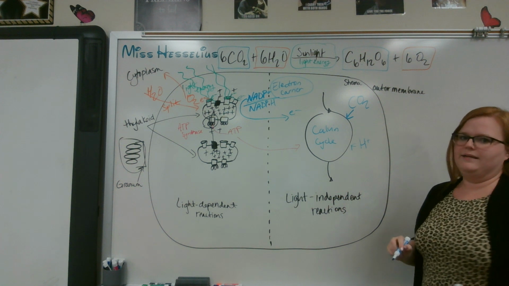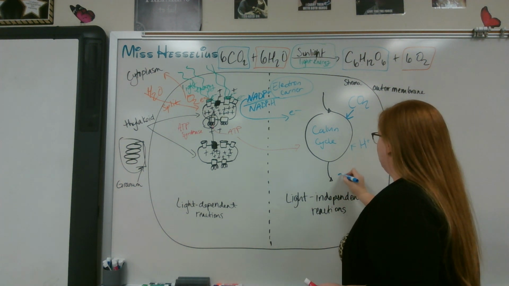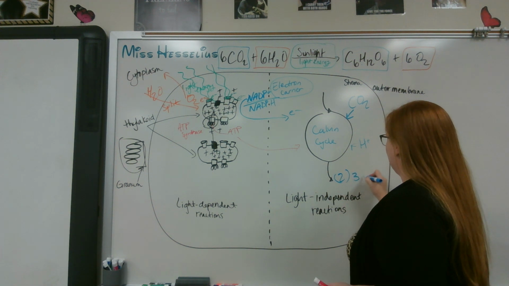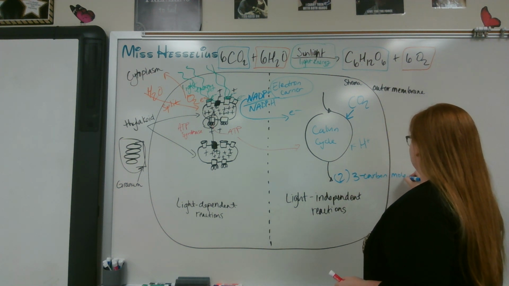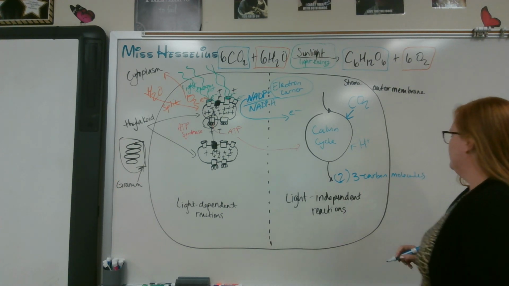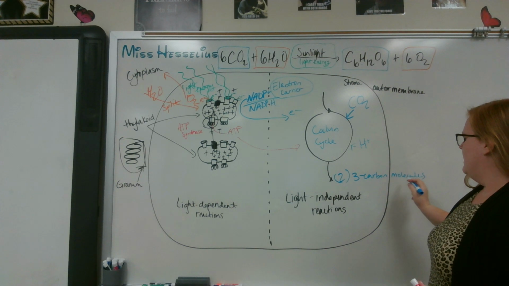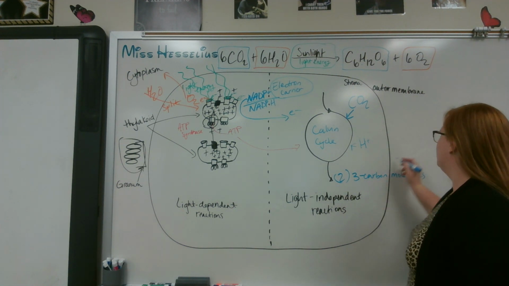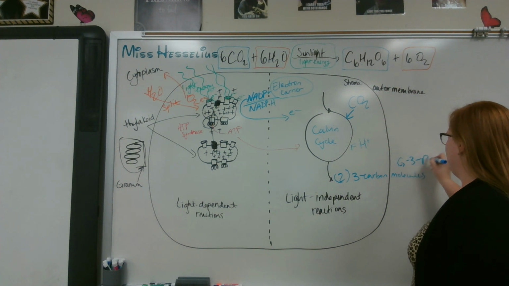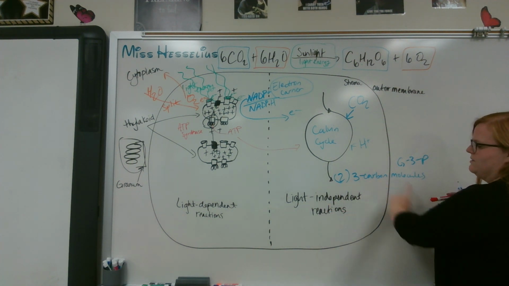All these things go in, and what comes out are 2 3-carbon molecules. They're not pyruvate molecules. They're called something else. They're called G3P. You don't have to know that. Just remember that they're basically 2 half glucoses.